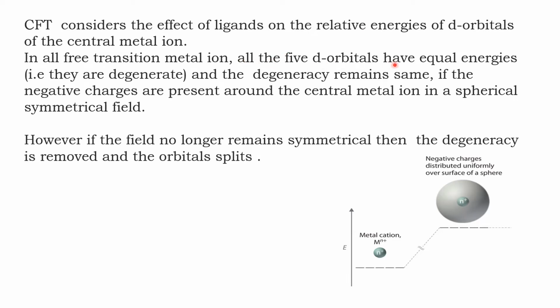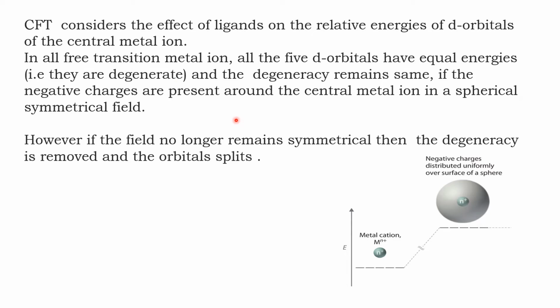Hence, all the 5 d orbitals have equal energy and remain together. If all the 5 d orbitals remain together, they are called degenerate orbitals. The d orbitals have different directions of electron density, but they stay together when there is no external field. That condition is called degeneracy, or the orbitals are degenerate.